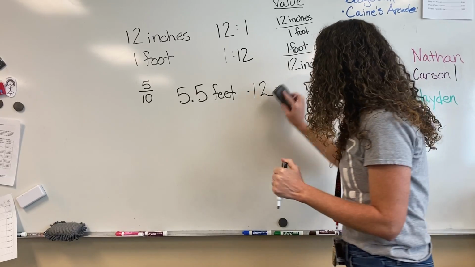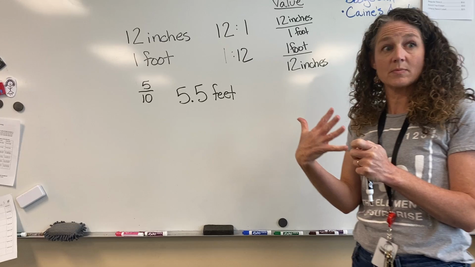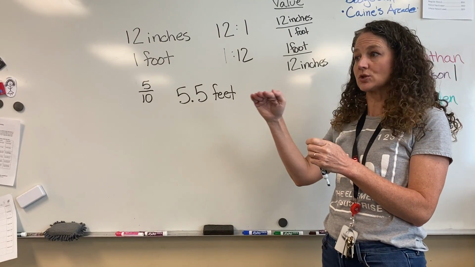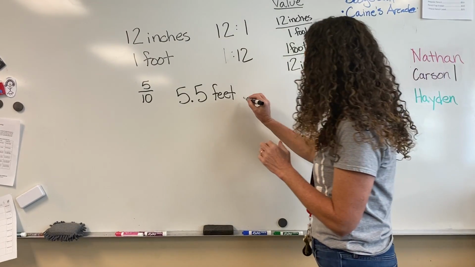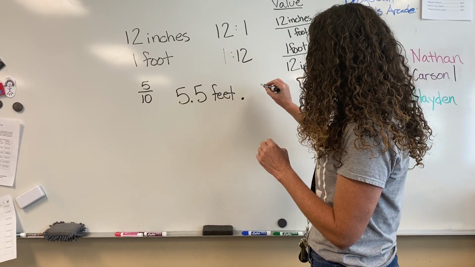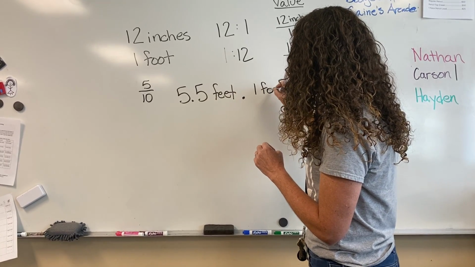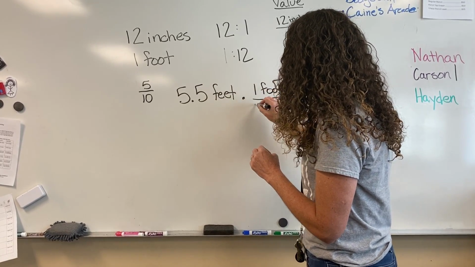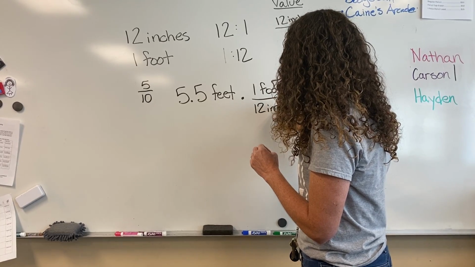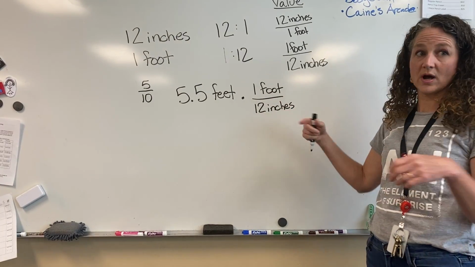Okay, so this is where you want to really watch your units. Do you remember how I told you yesterday that we can cancel units? You can cancel units. So, do I do 1 foot per 12 inches, or do I do 12 inches per 1 foot?